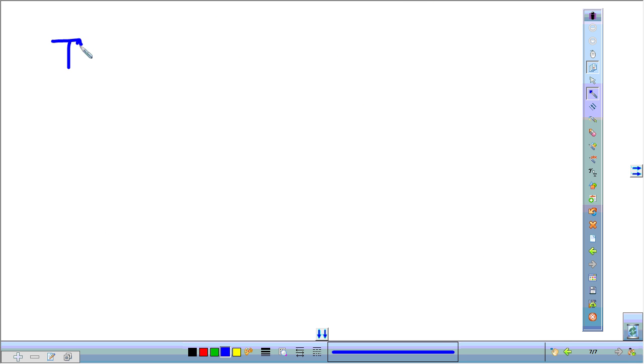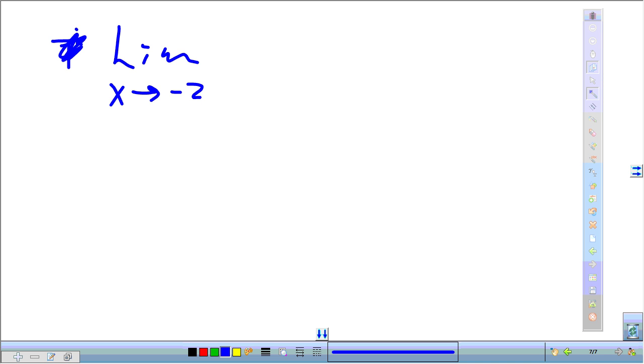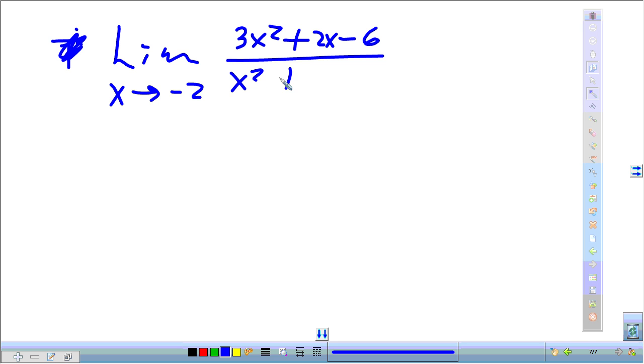Now, if we look at the limit as x approaches minus 2, trying to come from left and right, we have a problem because it's trying to be very large positive on one side, very large negative on the other side.